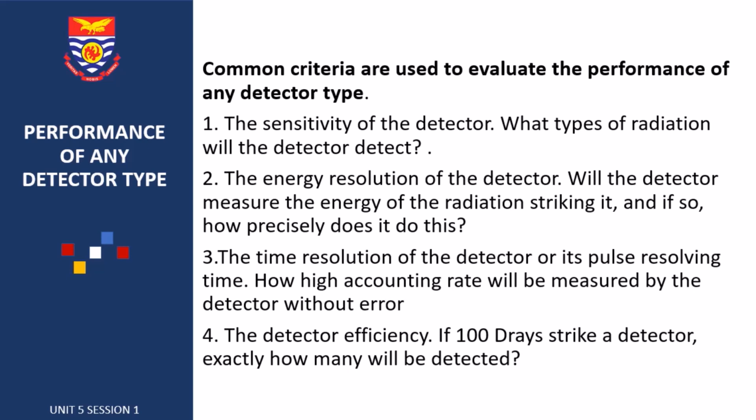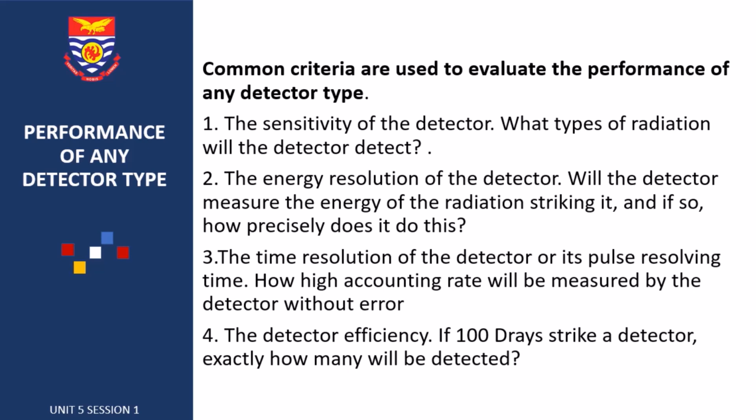One of the ways is the sensitivity of the detector. The big question we ask ourselves is, what kind of radiations would the detector detect? Once we know which kind of radiations it can detect, then we know what kind of radioactive decays we must use that particular detector for.